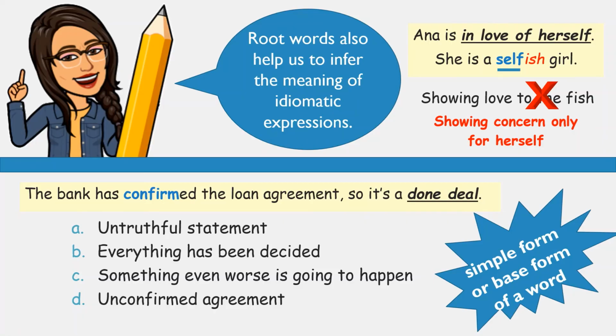Now look at done deal and our clue, which is confirmed. Our root word says confirm. So which of the choices would stand exactly for done deal? Yes, letter B. Done deal means everything has been decided.